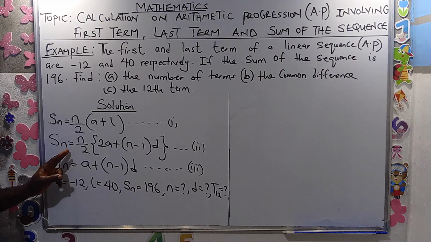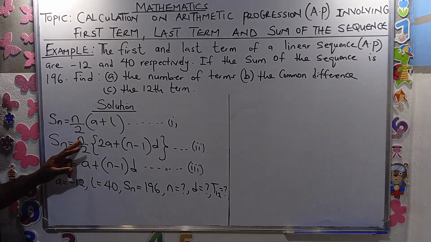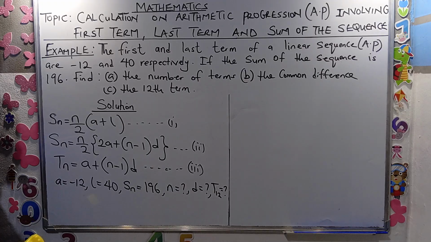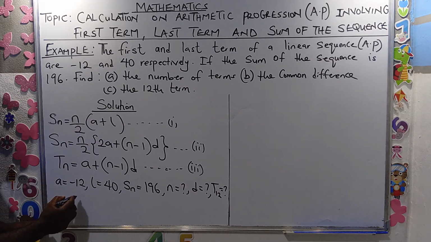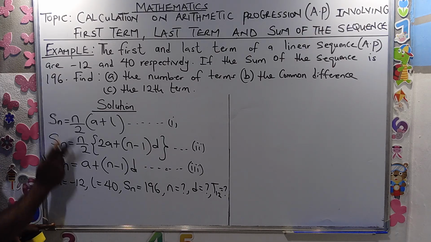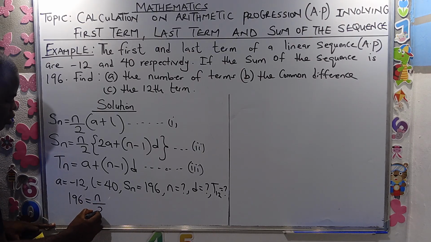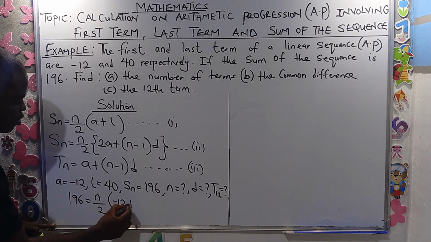If you make use of the second equation, you will not be able to solve it because we don't have the number of terms and common difference. So let's apply equation 1. The sum of the sequence is 196 equals n, which is unknown, over 2, open bracket, the first term, minus 12, plus 40.